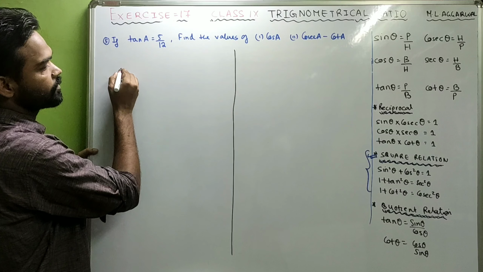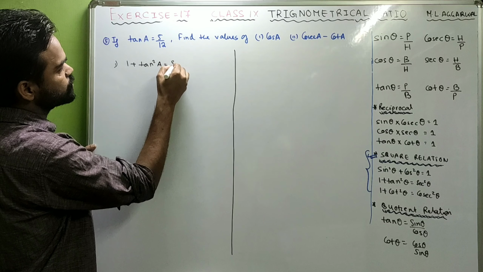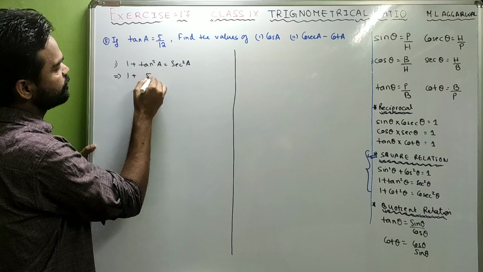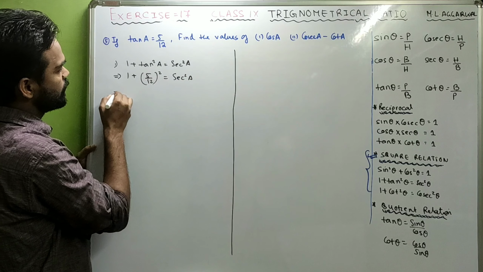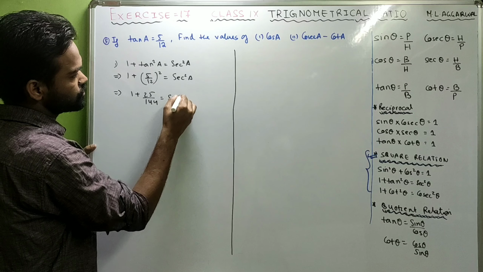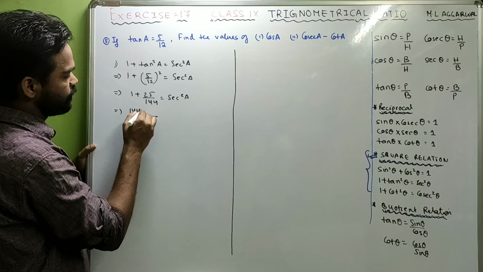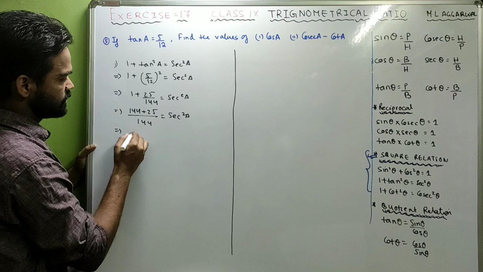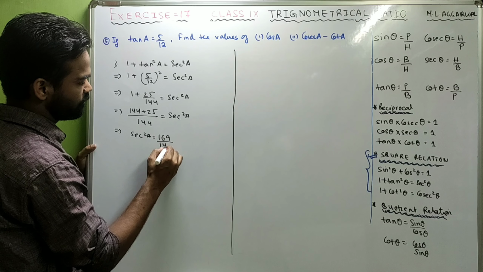Just look over here. We know 1 plus tan square A equals sec square A. So I can say 1 plus 5 by 12 whole square equals sec square A. I can tell 1 plus 25 by 144 equals sec square A. 144 plus 25, that is sec square A, which means sec square A is 169 by 144.